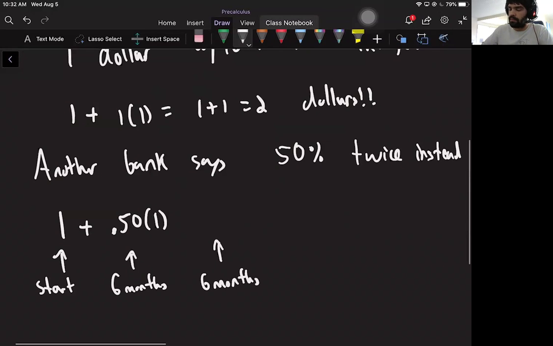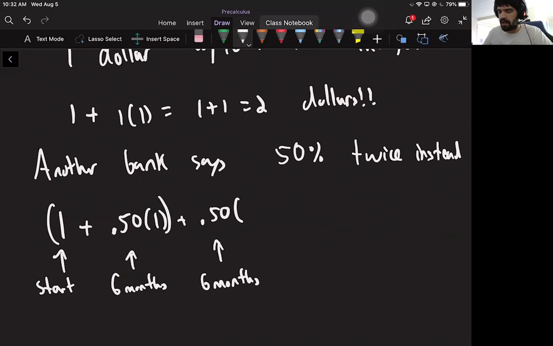Well, it's a bit trickier. You get 50% of how much you currently have. So how much you currently have is this amount on the left. That entire amount, which is really just $1.50, but I'm going to write it like this, is being multiplied by 50%.